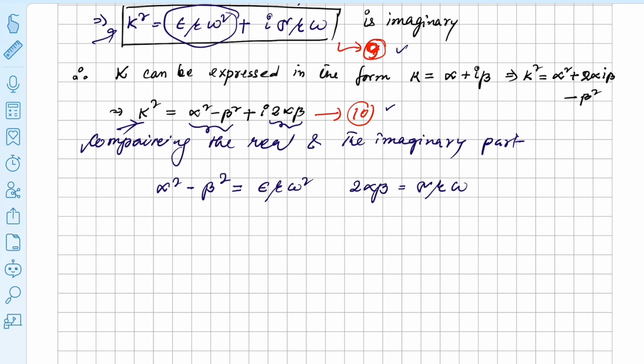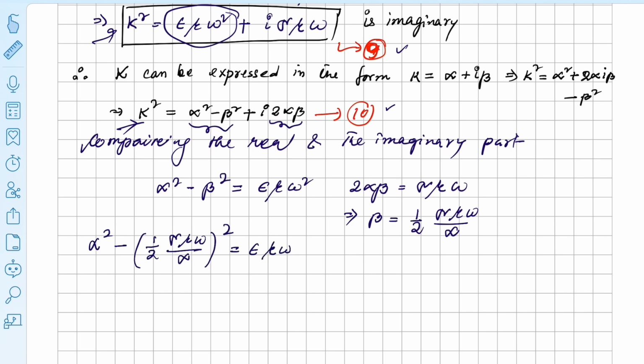So now let us solve these two equations. How to solve these two equations? From this equation, we can write that beta is equal to half of sigma mu omega by alpha. So using this in this equation, what we're going to get is alpha square minus, instead of beta we write half sigma mu omega by alpha, whole square, is equal to epsilon mu omega square.